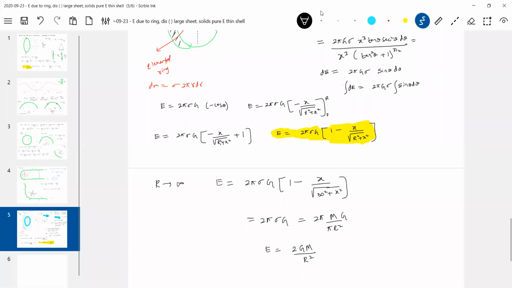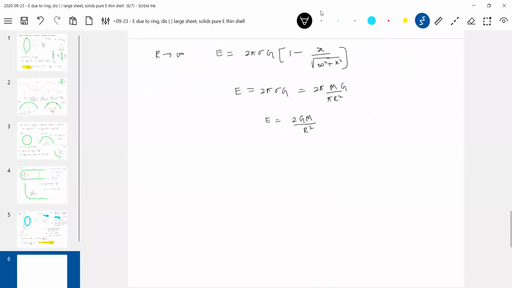What do you interpret from that one? Finally, we brought R to infinity. What do you mean by R infinity? It is better to remember this formula only. I just wrote it in terms of mass in case they give that. So what does R infinity mean?